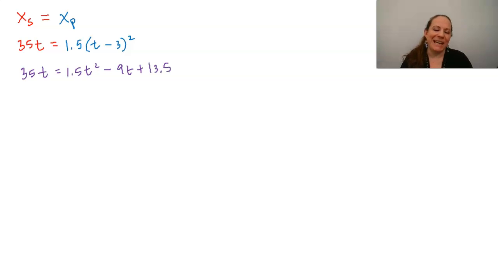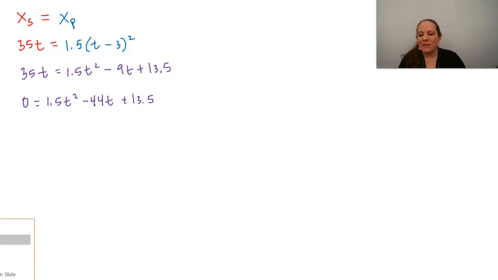And unfortunately, yeah, we're going to get a quadratic equation. So we'll have two different ways that we can solve this after we rearrange so that the left side is 0. We'll have 1.5t squared minus 44t plus 13.5.